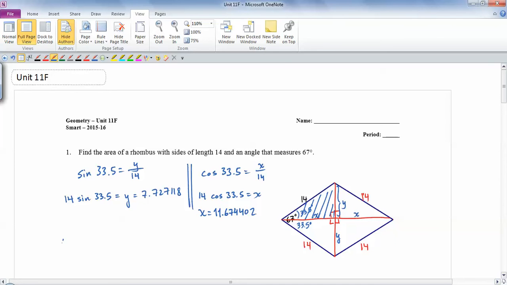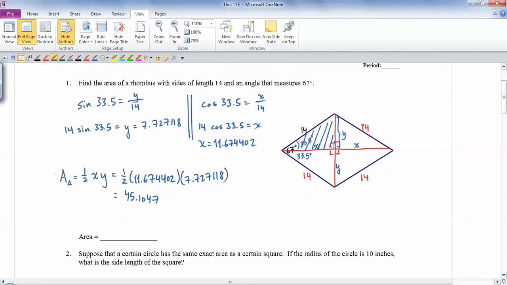The area of one triangle is going to be half the base times the height, which is x times y. So that's half of 11.6744 and so on, times 7.727 and so on. If you cut and paste those from your calculator, you end up with one triangle being 45.1047-ish.